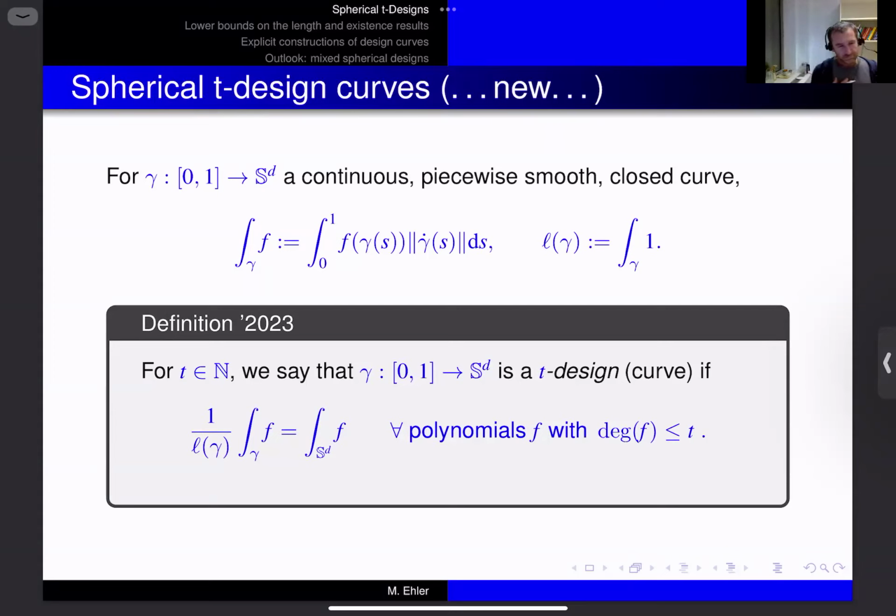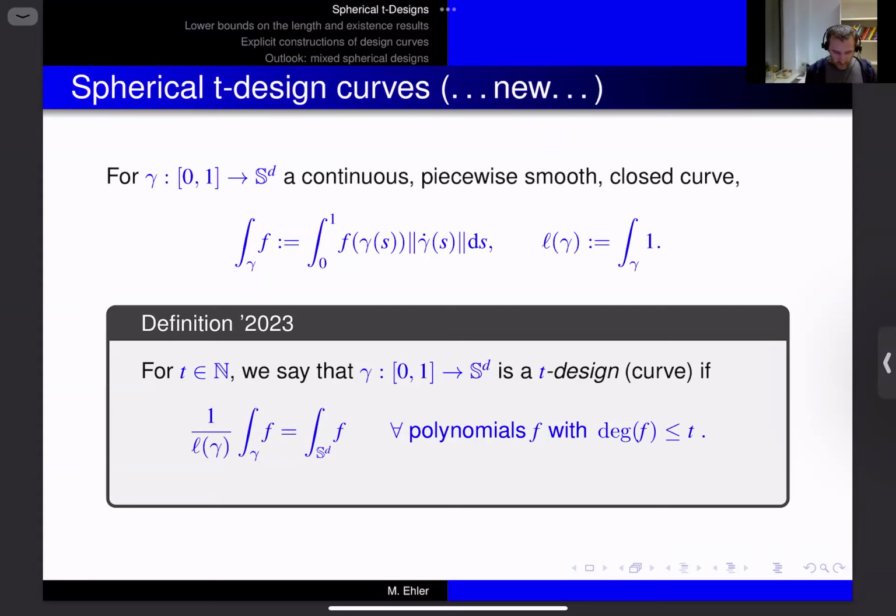And then maybe a little bit more than a year ago with Charlie Werkenig, we came up with the definition. So we say such a curve gamma from the unit interval onto the sphere is a T-design curve if the analogous equation holds for the path integral.